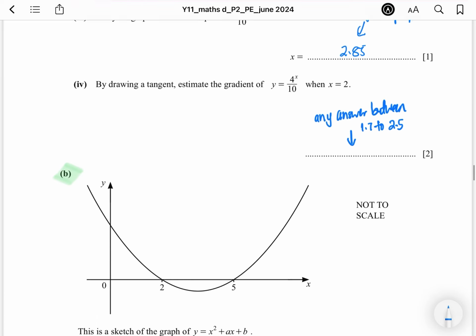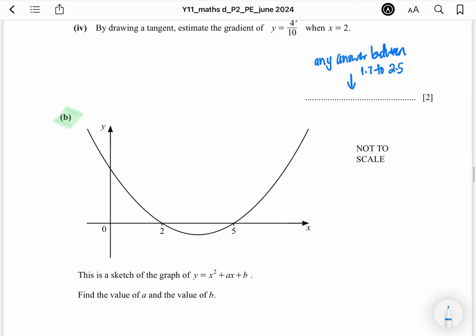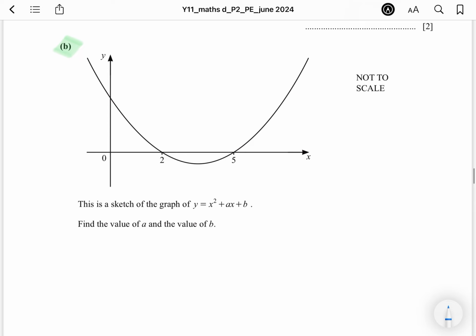Okay, but the question that most people are unable to answer is this one. What we have here is a quadratic equation. Find the value of a and value of b.